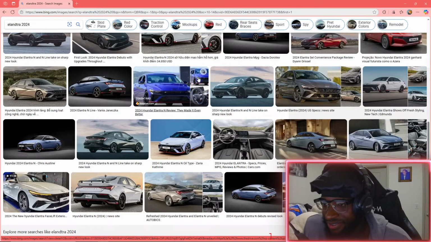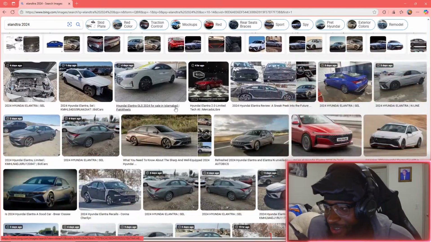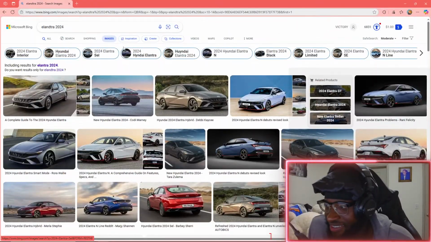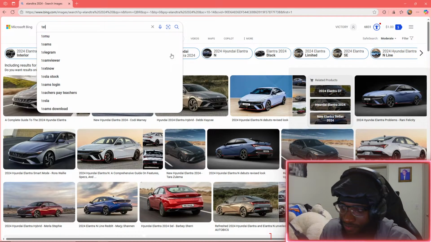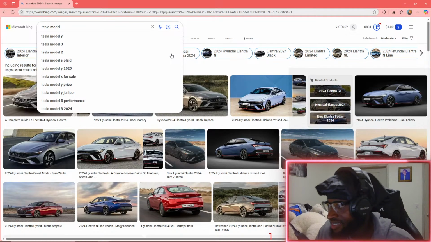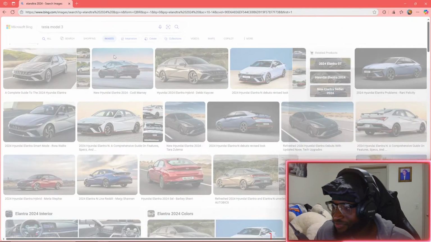Honestly, if I just wanted to buy a car, I wanted a Tesla, bro. I don't know why. The little Teslas, not the SUVs, the smaller sedan Teslas. They look good inside.